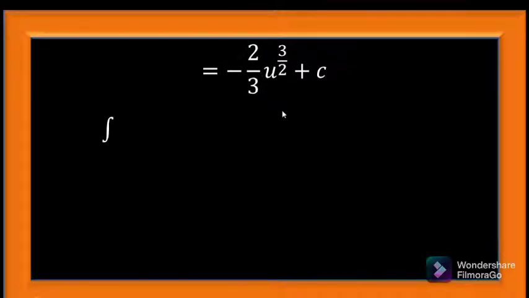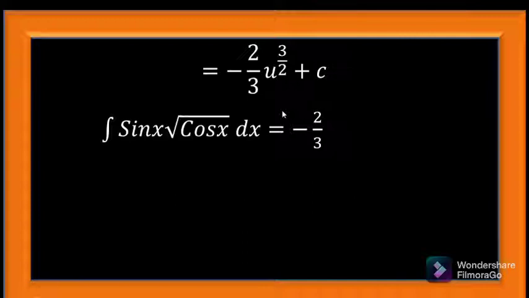We now substitute for what our u is in terms of x. And the answer in that case comes to negative 2 out of 3 cos of x, 3 out of 2, but plus a constant. Remember, this 3 out of 2 is the power of cos of x. Or someone could say from 3 out of 2 we can have a half out, and a half is as good as a square root.